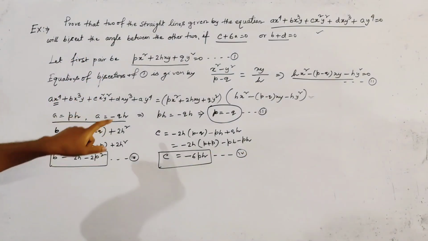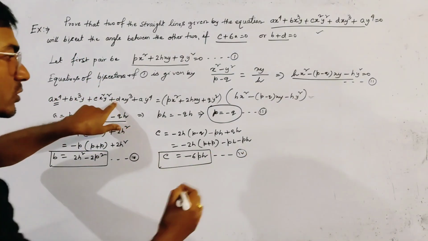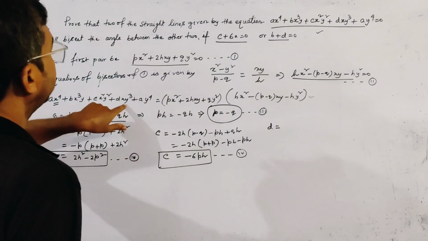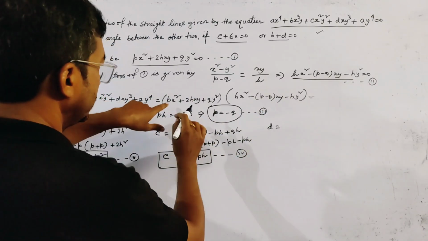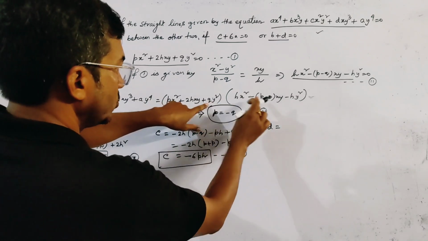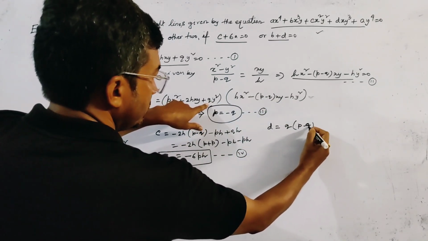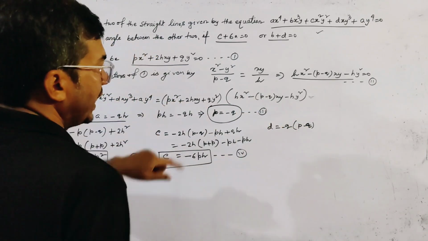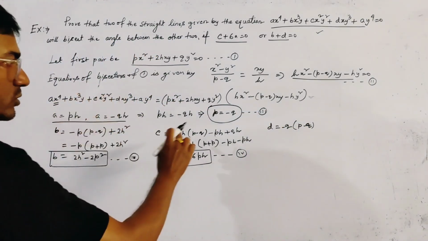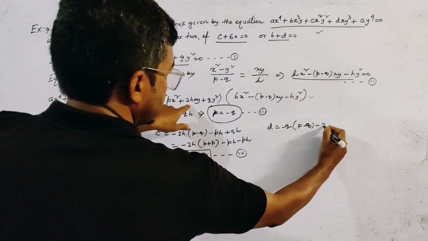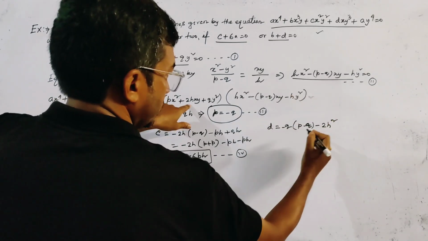Now the coefficient of xy^3, what is it? This is d, and from the right side we get xy^3 from q into -(p - q), and another xy^3 from 2h into -h, which is -2h^2.